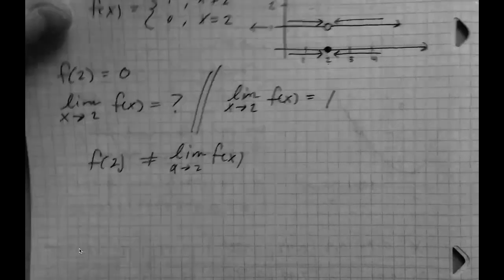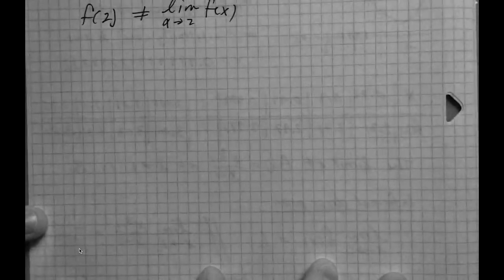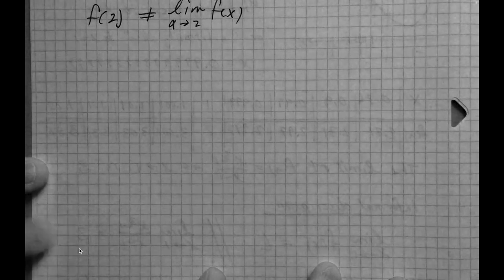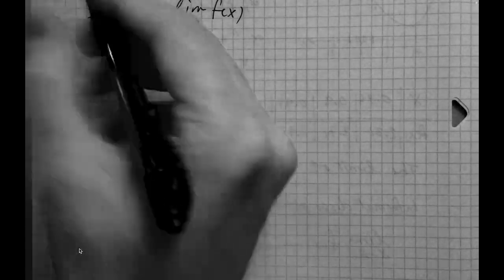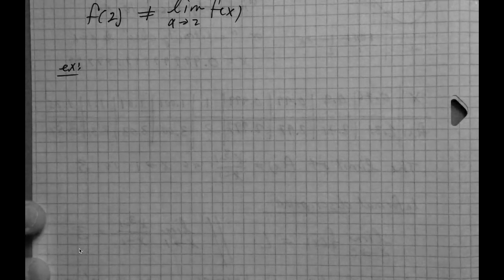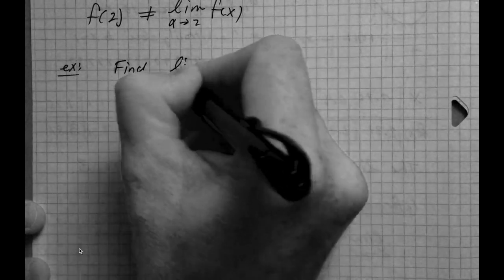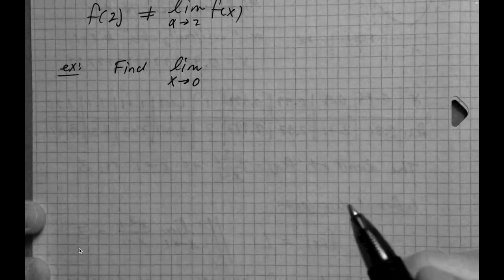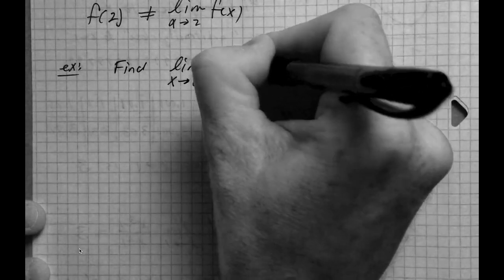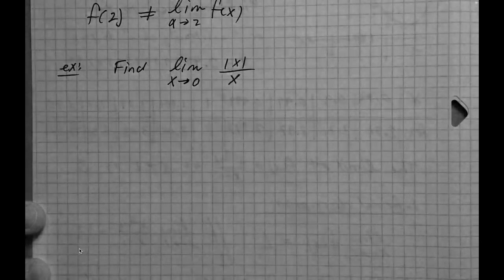Okay, but it won't always be like draw a picture of the thing or plug in a bunch of values and get close to it. We will develop some machinery that's a little more efficient than that. So let's take a look at this example here. We want to find the limit as x approaches 0 of this function, absolute value of x divided by x.